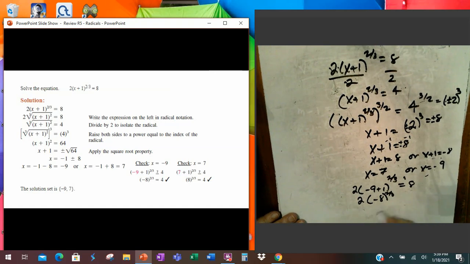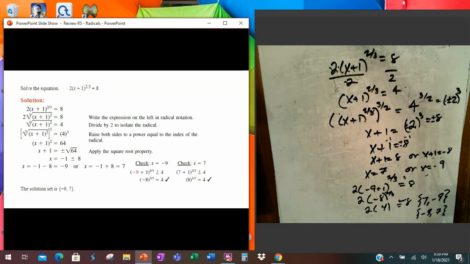That's negative 2 squared, so this is 2 times 4 again, and that's equal to 8. So my solution set should have been both of those, 7 or negative 9.